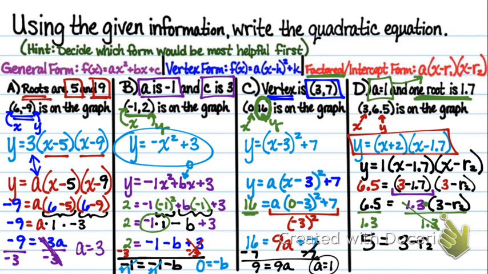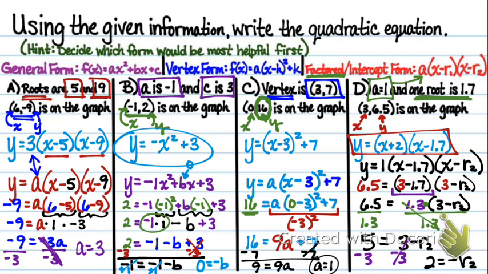What would you do to both sides? Divide? Subtract 3 from both sides. So I get 2 equals negative r2. Now I would divide.